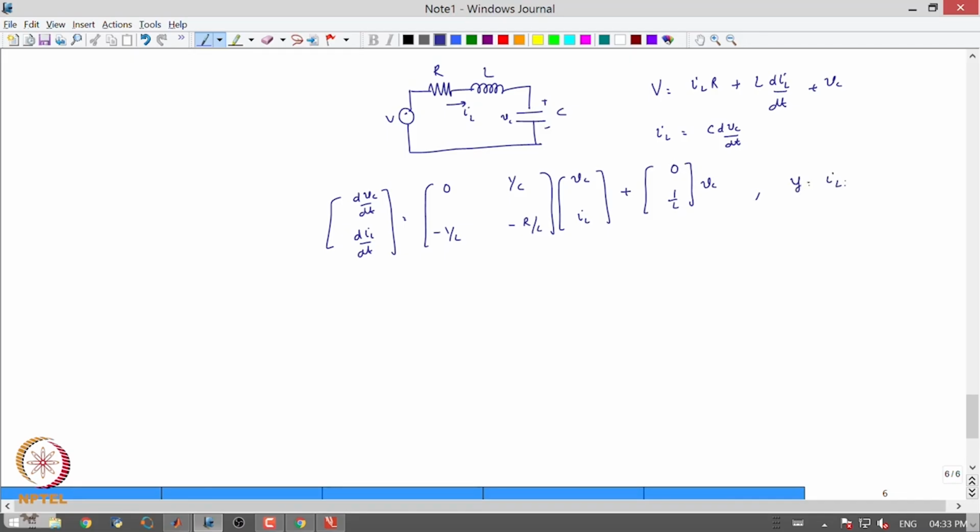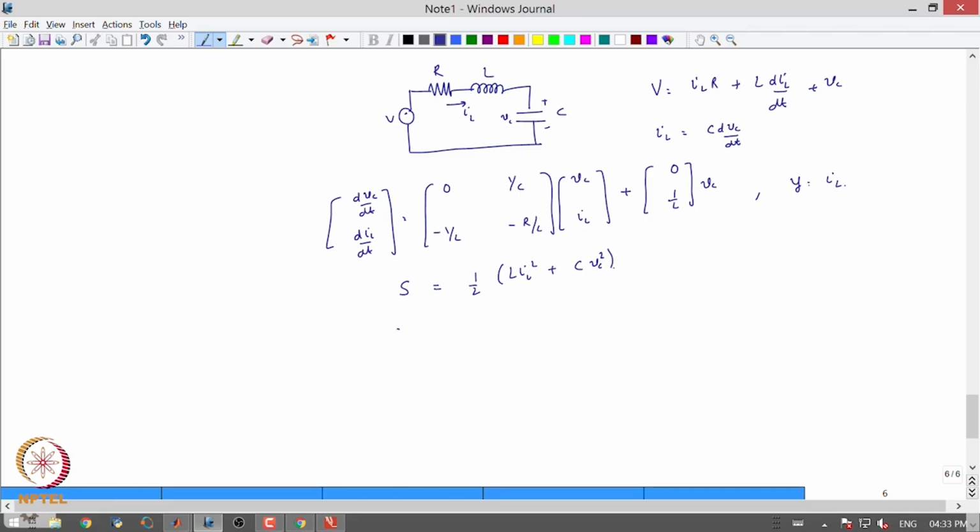Now, what is the total energy of this circuit? The total energy is half L IL squared plus half C Vc squared.